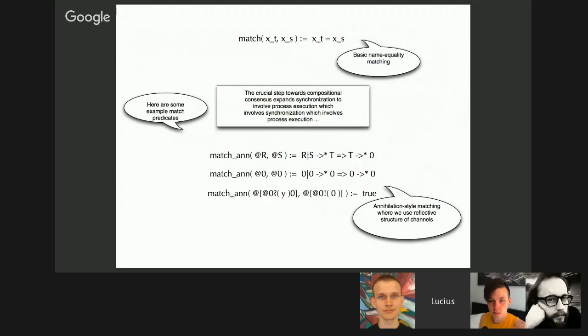Then what would happen? Well, we imagine that whenever you run R and S in parallel, for any T that it reaches in some number of steps, that T eventually goes to 0. And what this predicate says is that all execution paths leading out of R in parallel with S go to 0. That's the import of this particular logical specification of the match predicate.